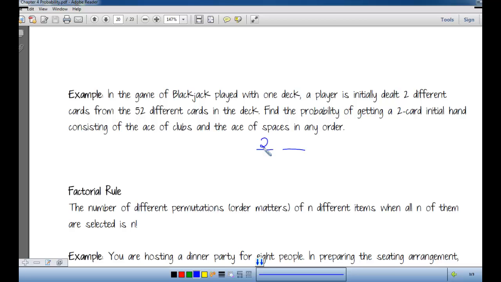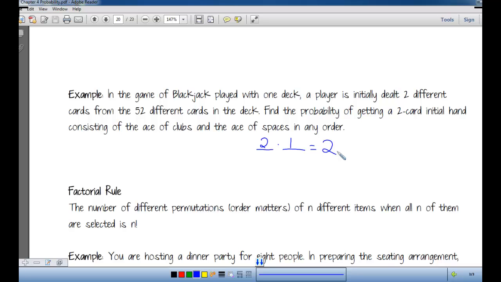It could be either one, and then for the second there's just 1. So there'd be 2 different outcomes. That's breaking it down into those simple events. Remember us talking about that in our sample space? And especially since they mention in any order, we're going to count every order that it could possibly happen.